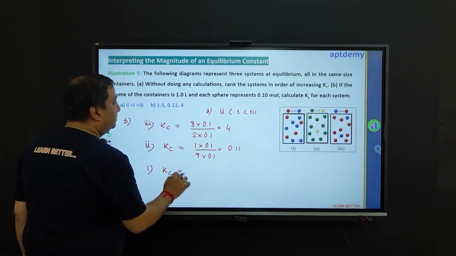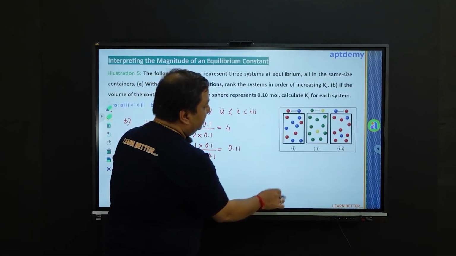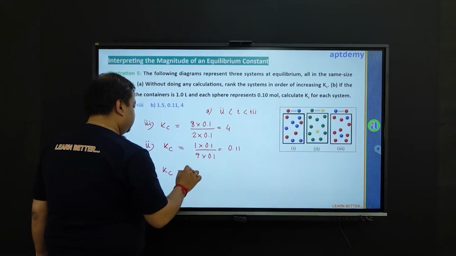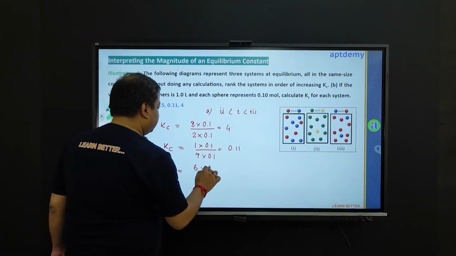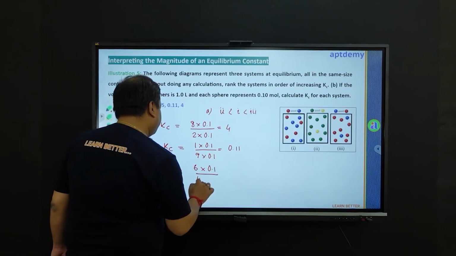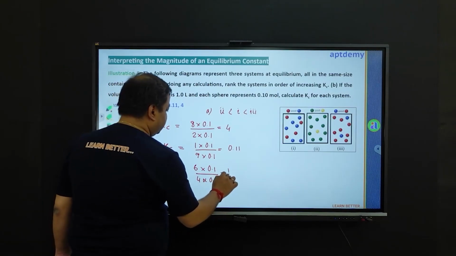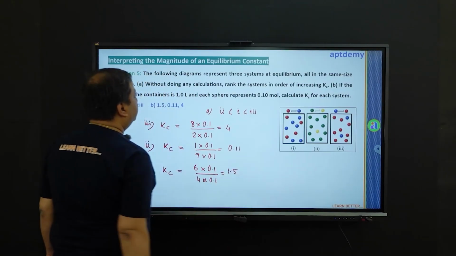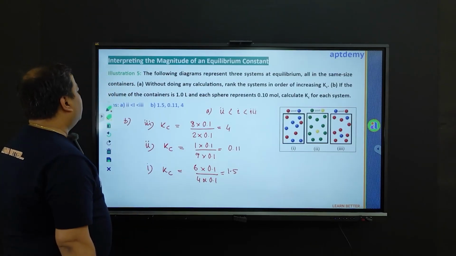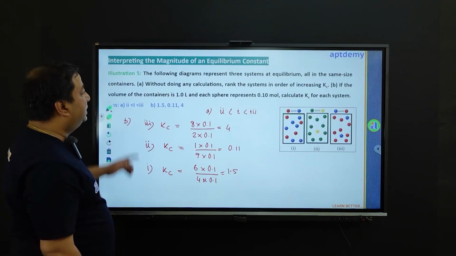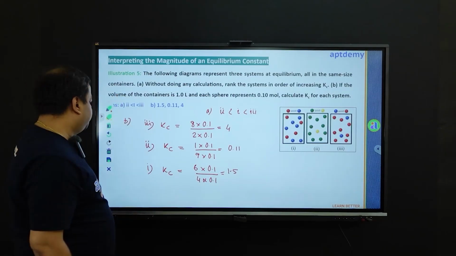Here it is 6 product and 4 reactant molecules, so that is 6 times 0.1 divided by 4 times 0.1, and the value that we get is 1.5. So this is how we need to calculate the Kc values for part B of the question.